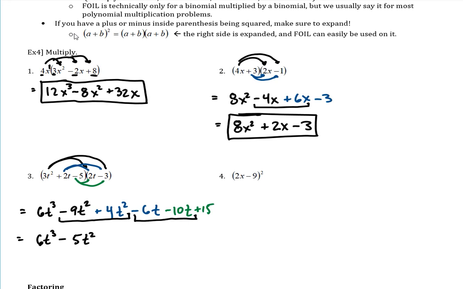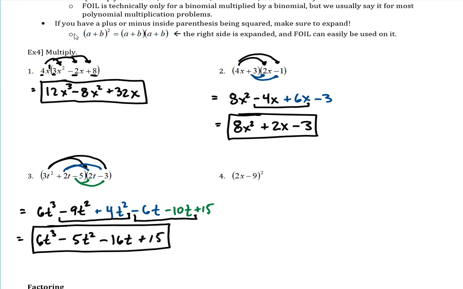We also have -6t minus 10t. Those are the same variable part. So that means those add together. -6 minus 10 is -16. And then again, just attach the variable t. And then the +15, well, it doesn't have any like parts with it. So it's just added at the end, +15, just like that.